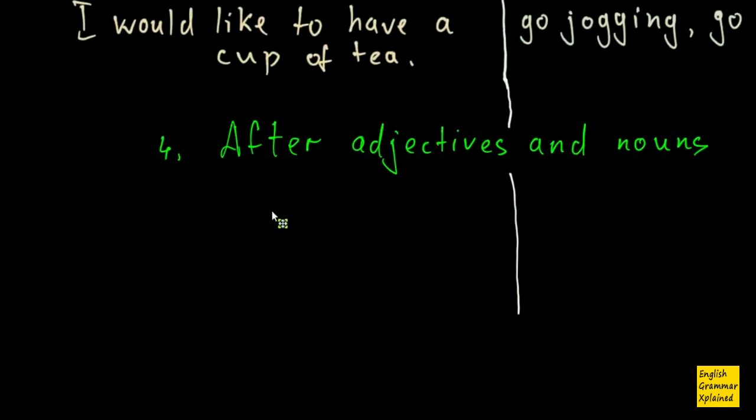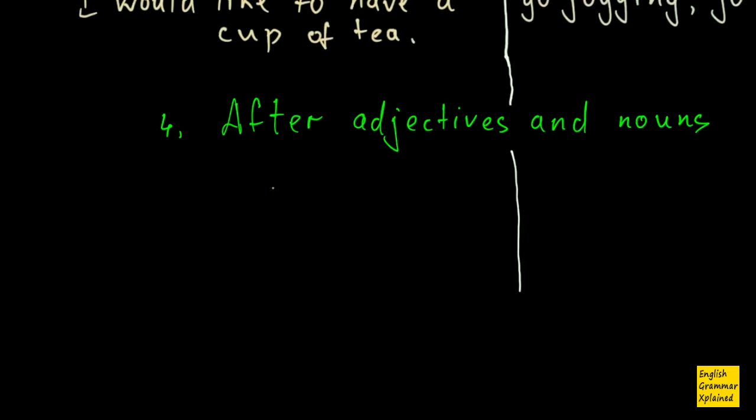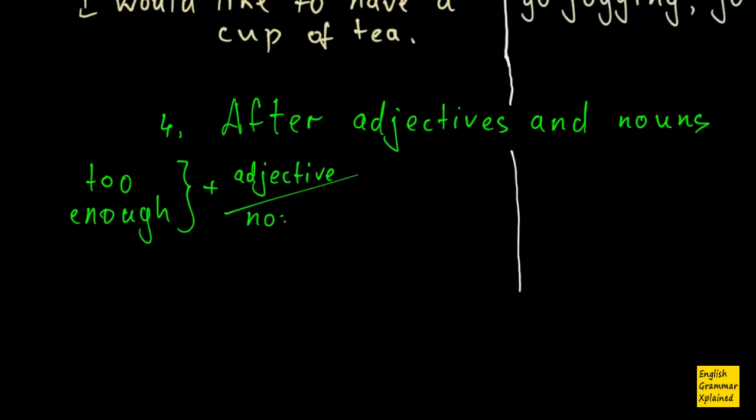Of course, before adjectives and nouns there can be some words: is, are, am, was, were, and so on. Of course, there can be "too" and "enough", two words. After them I put an adjective or noun, and then I can put some infinitive.